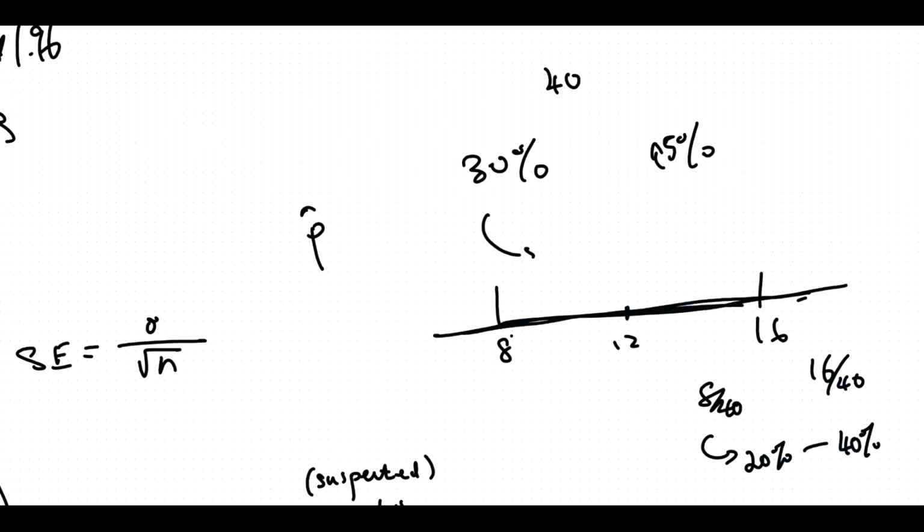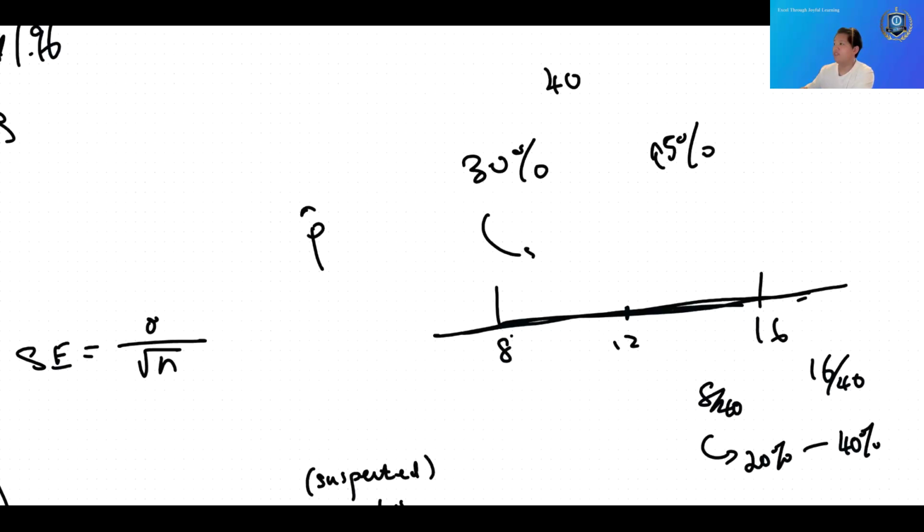So that means you have a 95% chance that for any 40-item batch you pick, 20% to 40% of those items are going to be faulty. So that's your reverse engineering.